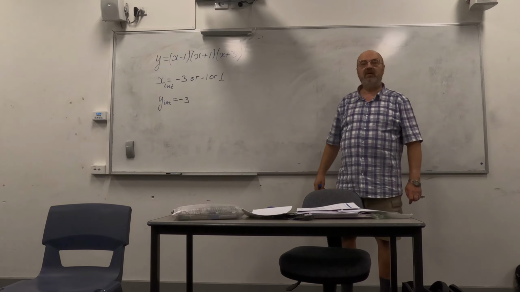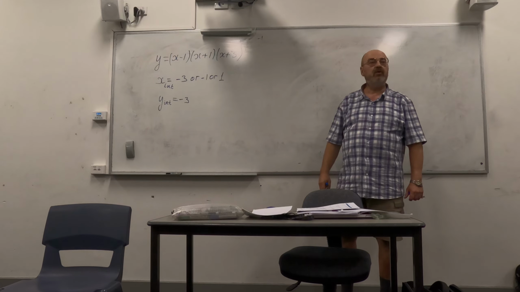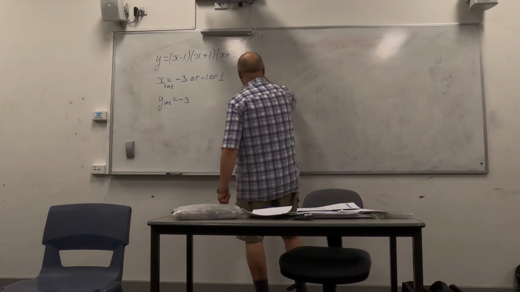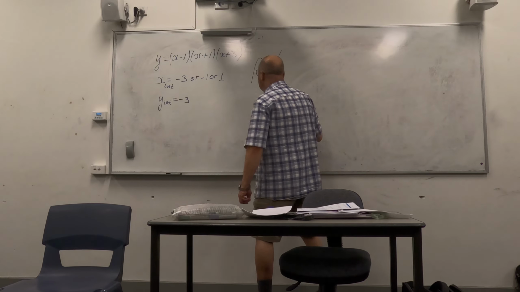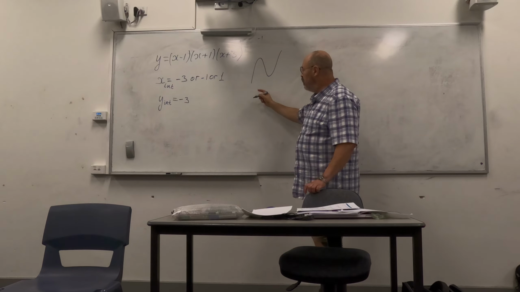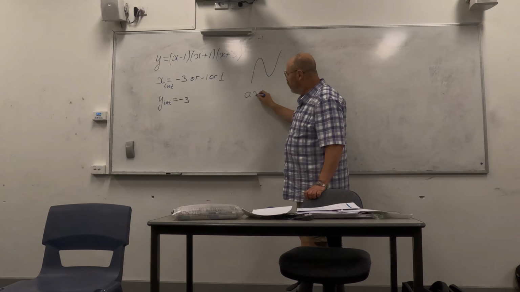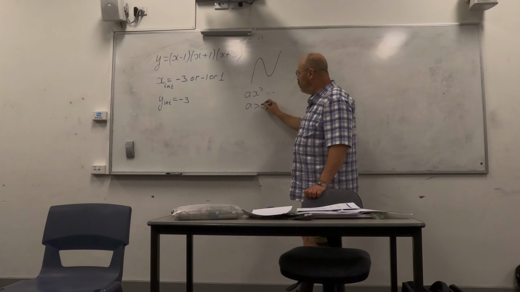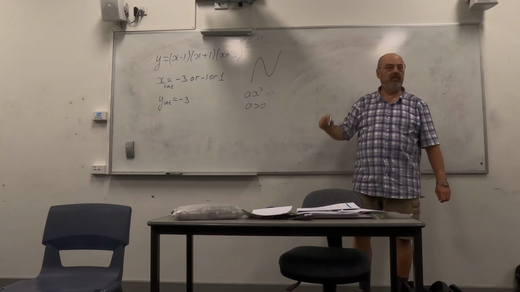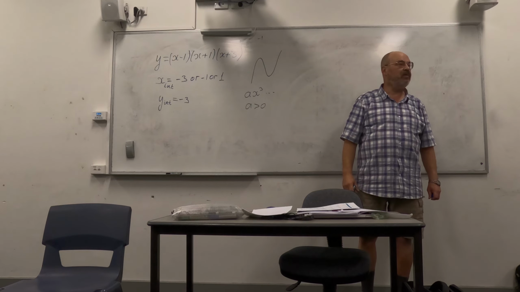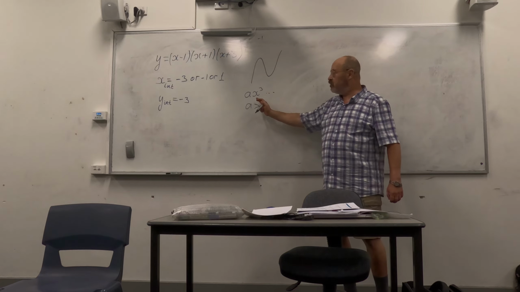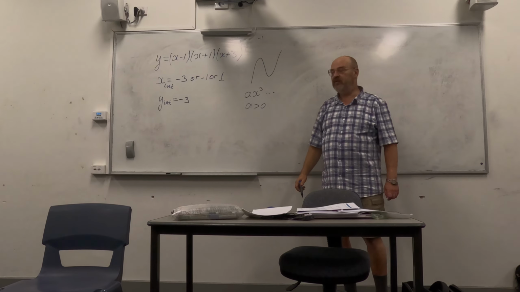When a cubic is factorized, we have two options. One graph will be like this. If we have ax cubed, and a is greater than 0, it will be this shape, because when x goes to infinity, this is the main term and it will go to positive infinity.